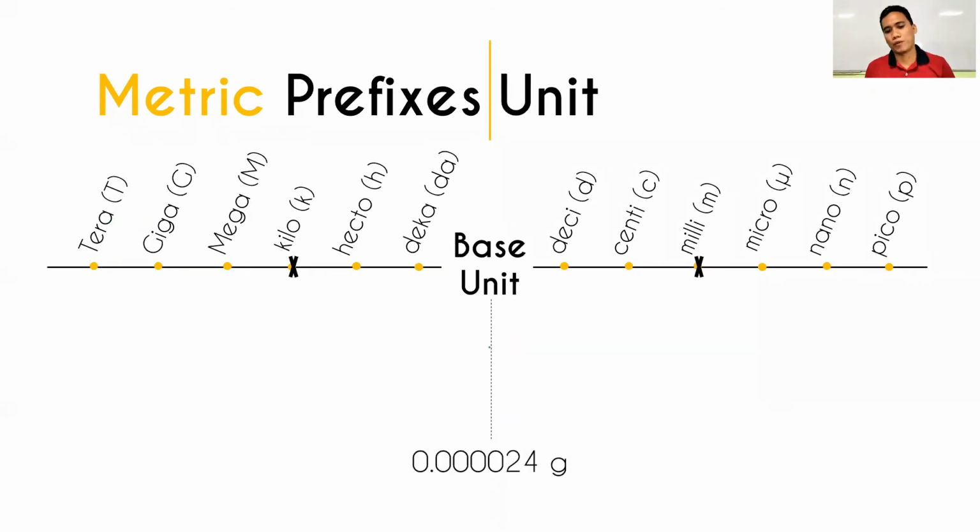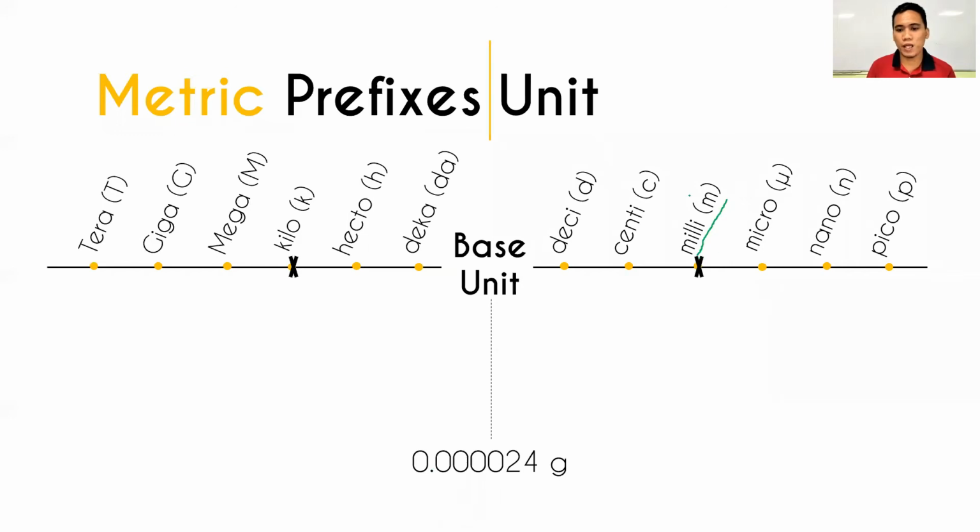So another example. We are done with the positive exponents, then let's proceed with examples of negative exponents. For the negative exponents, we have deci, centi, milli, micro, nano, and pico. In each movement of your decimal point, for example, we wanted to use milli.